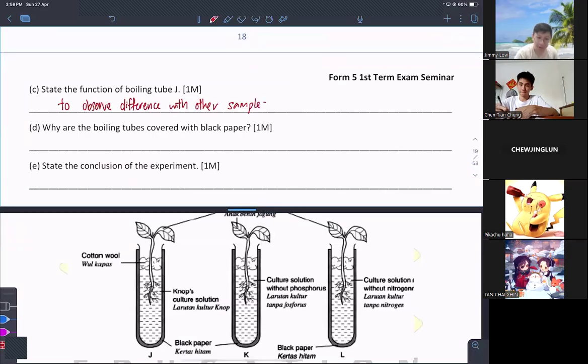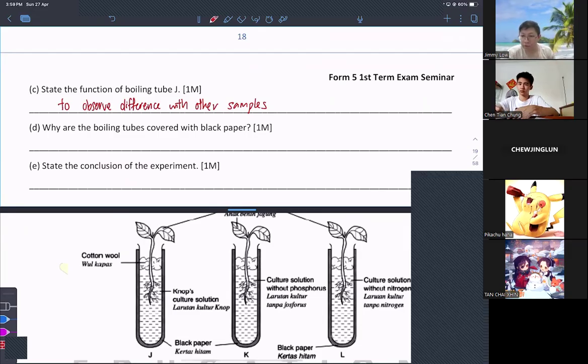Okay, you are going to see the difference between the normal one with other samples. This is why you need to have the function of boiling tube J. To compare with other samples. To compare with other samples can.